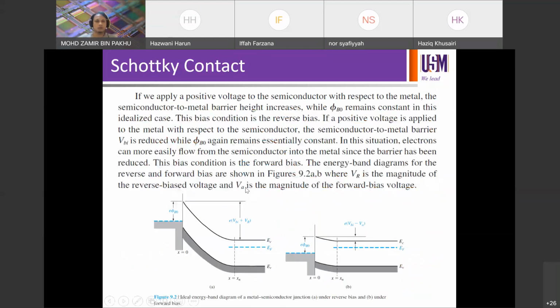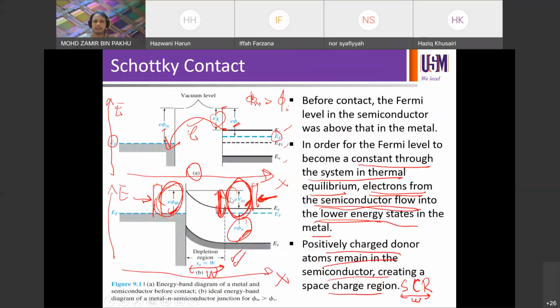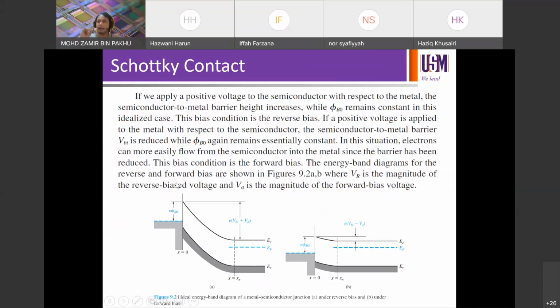All right, so this is the story behind this formation, including the bias if you apply it. The band diagram we looked at earlier is under thermal equilibrium. Remember thermal equilibrium of the metal semiconductor junction, TE. So the same thing that we did for our PN junction, we can also apply forward bias or reverse bias to our metal semiconductor junction as well. On this page, is diagram A about reverse bias or forward bias?